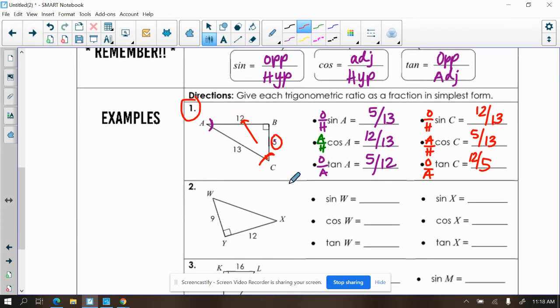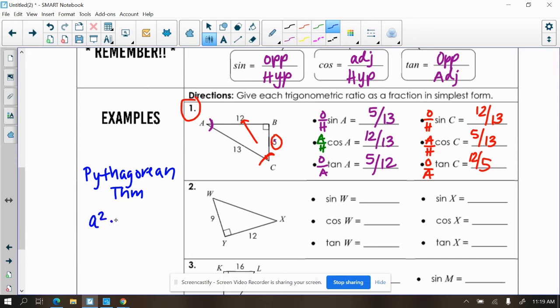Okay. So for number 2, let's take a look at this one. We see that we have one side and another side, but we don't have this side here. Okay, there is a way to find that. When you guys are doing these, that side will be given to you, but I'm just going to do it really quick so that we can remember the Pythagorean theorem.